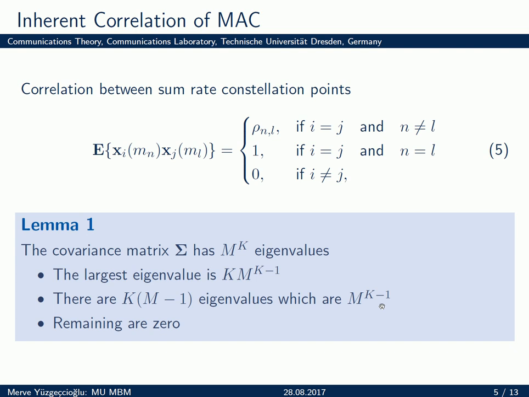So when we increase the constellation size or the number of users, the correlation effect will vanish, because the number of 0 eigenvalues will increase.